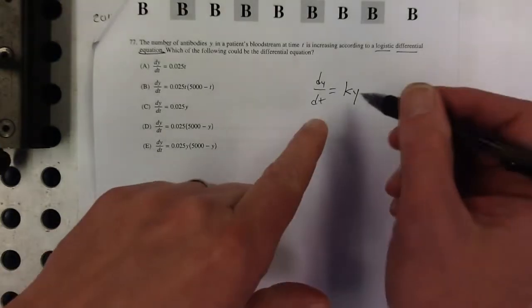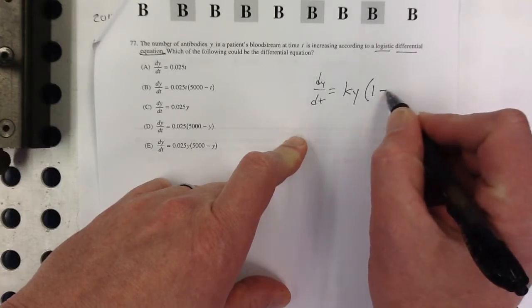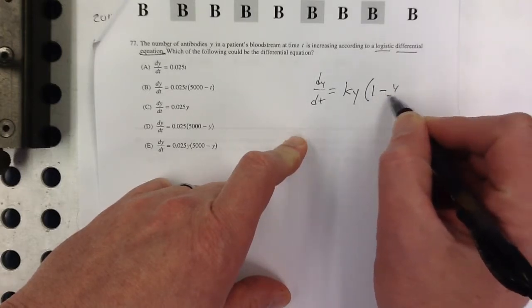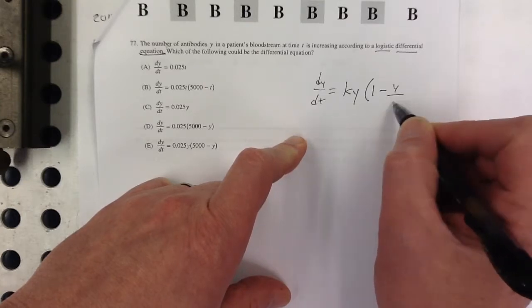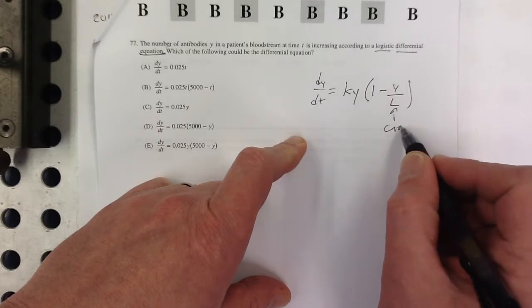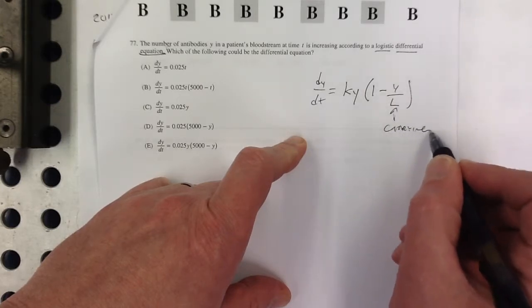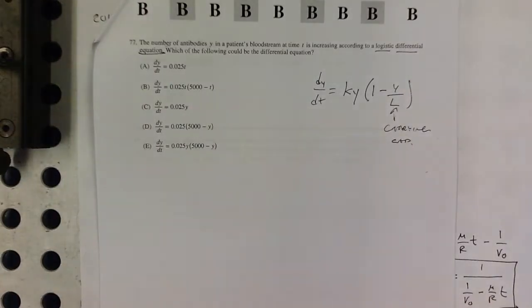The difference between exponential growth and logistic growth is that here we have this logistic factor. We have 1 minus y over the, sometimes we use an L or a capital A, whatever you want to call it, where that thing right there is the carrying capacity. So it's got to look something like this.